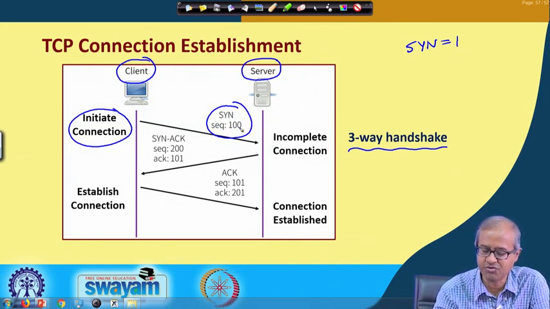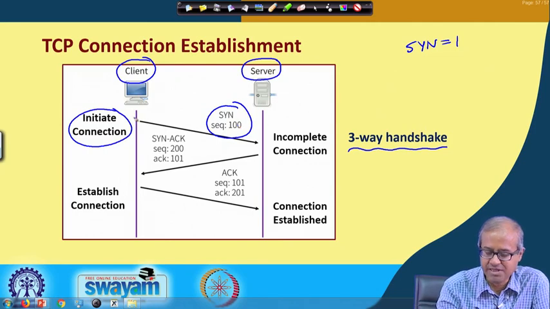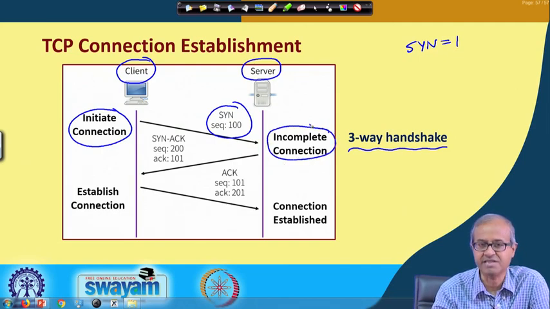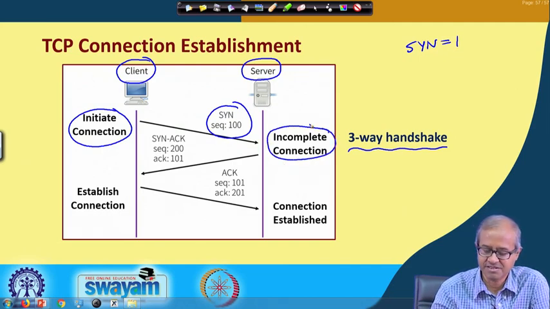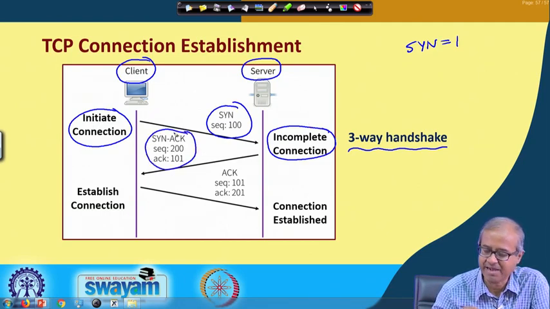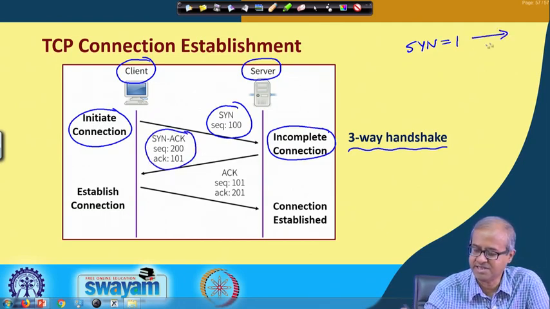Well, here some sequence number will be carried with the packet, let us say 100 as an example. So, when the server receives this initiate connection request, the connection is still not complete, this is an incomplete connection. The server responds by sending a SYN ACK packet. So, this is going in this direction.